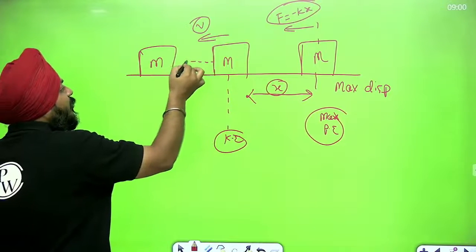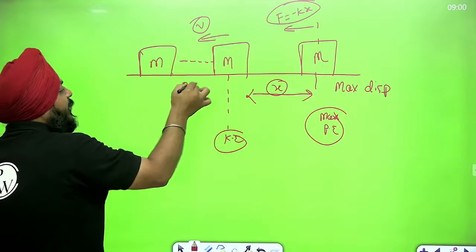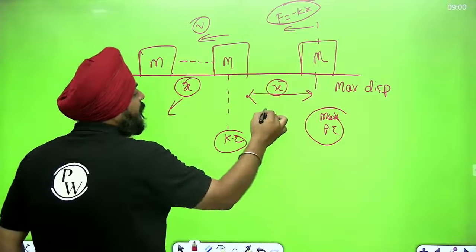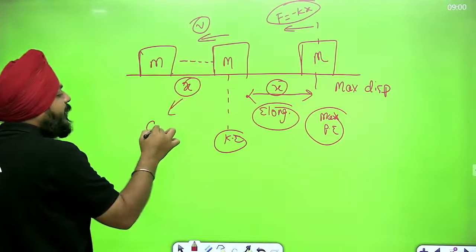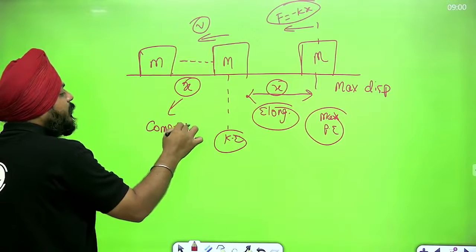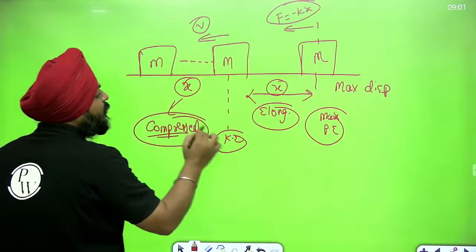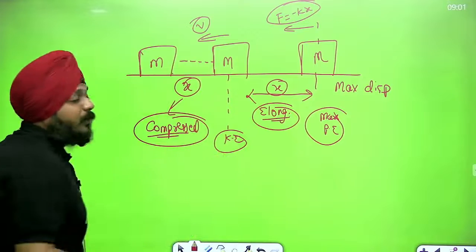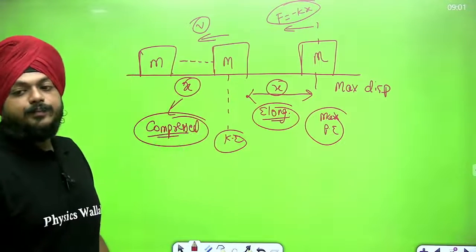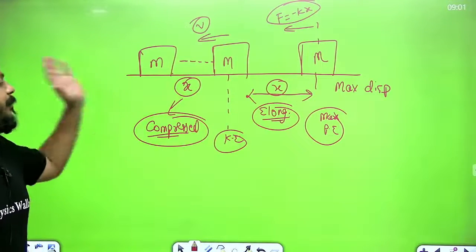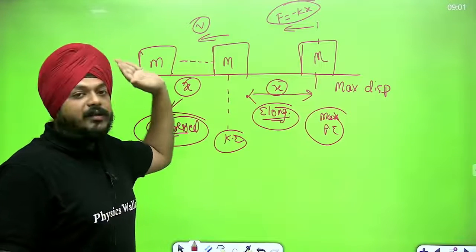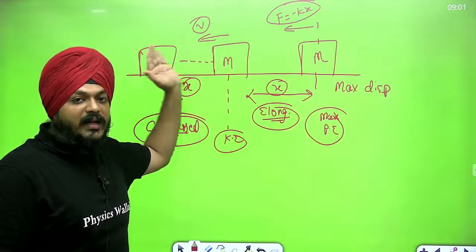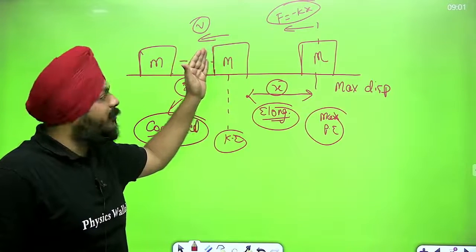Again, on the opposite side, by the x amount the spring is getting compressed, and here by the x amount the spring is getting elongated. Again here there is maximum potential energy, and the restoring force is going to ensure that the particle comes back to its mean position and original position.